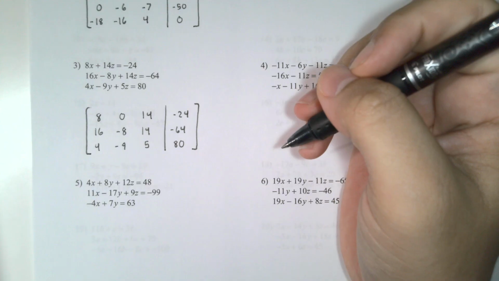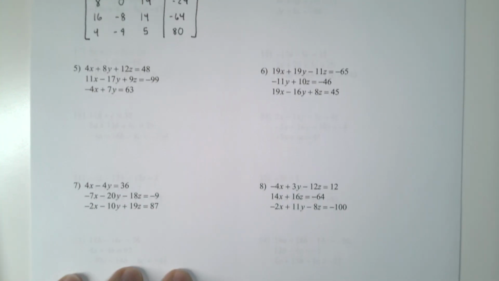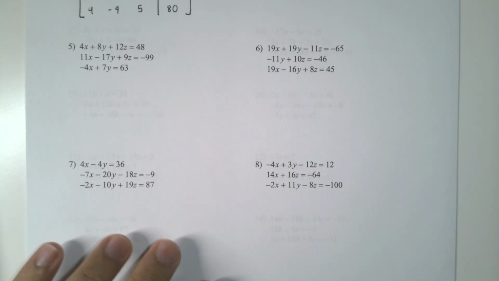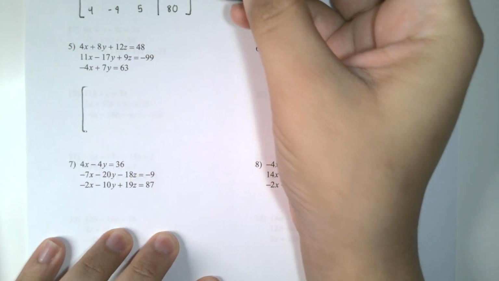And so this is our example number 3, written as an augmented matrix. For number 5, we go a little bit faster.